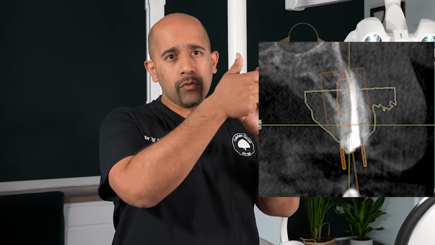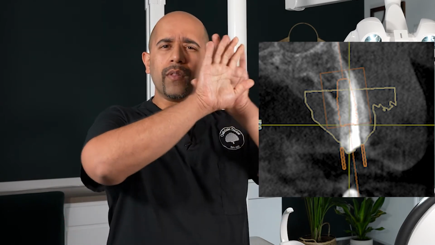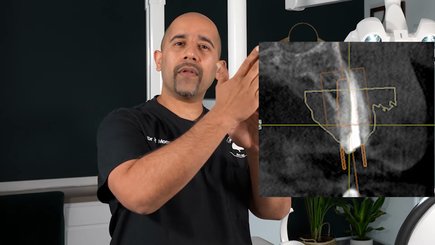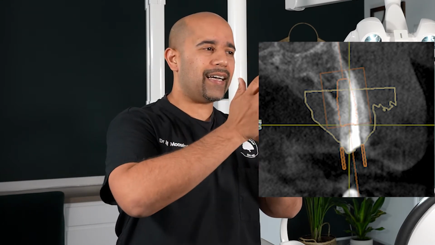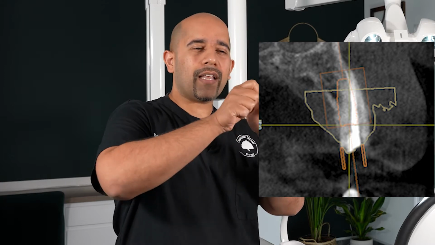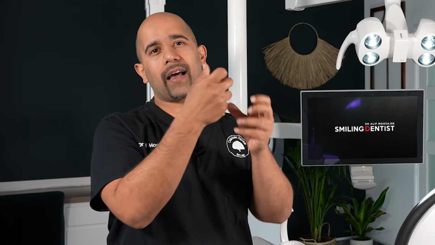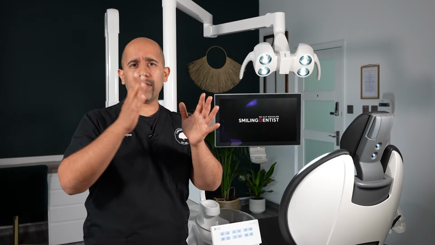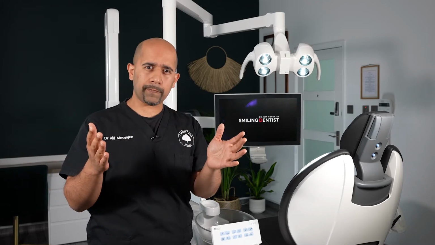If you have a big root that you're going to take out, you'll be left with a very big socket, and you'll find that there's nowhere for your implant to be placed so that you get the adequate primary stability, the bite, that will allow you the strength to put a tooth onto it straight away. So it's a very important distinction, and one that you can work out at the very start whether this is going to be an appropriate case or not.